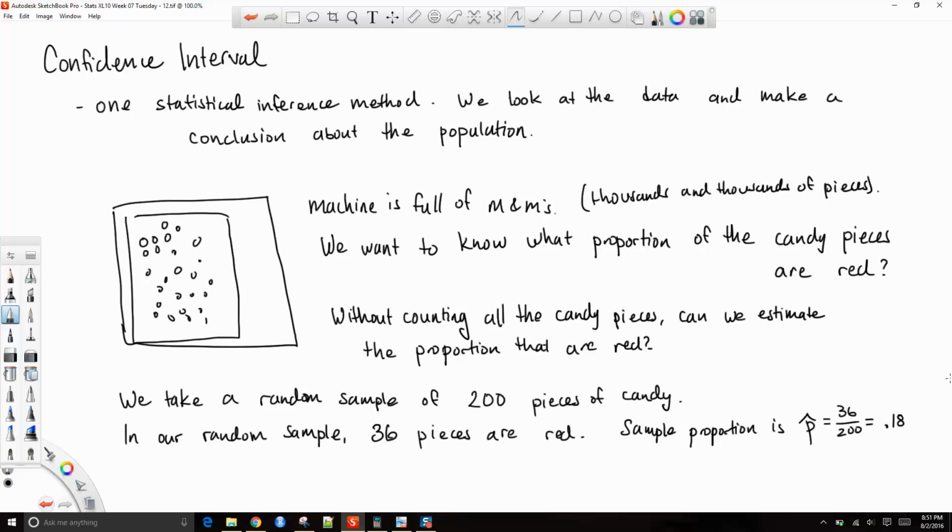So we would expect the proportion of red pieces, p, is around 0.18.